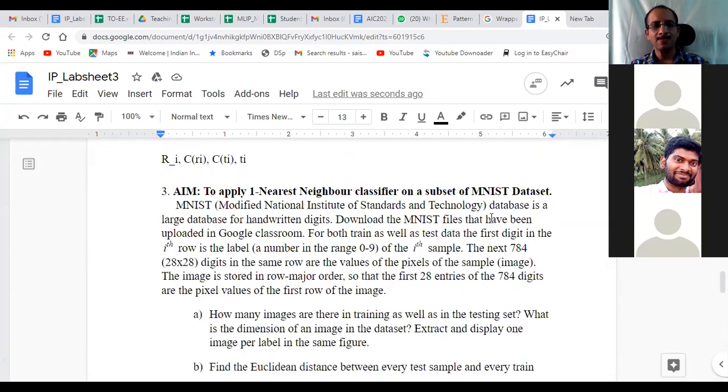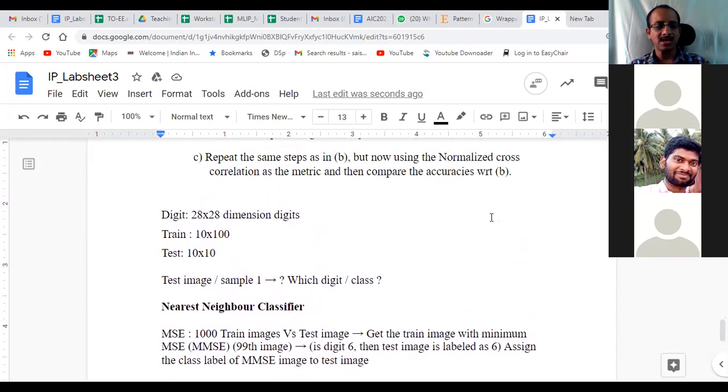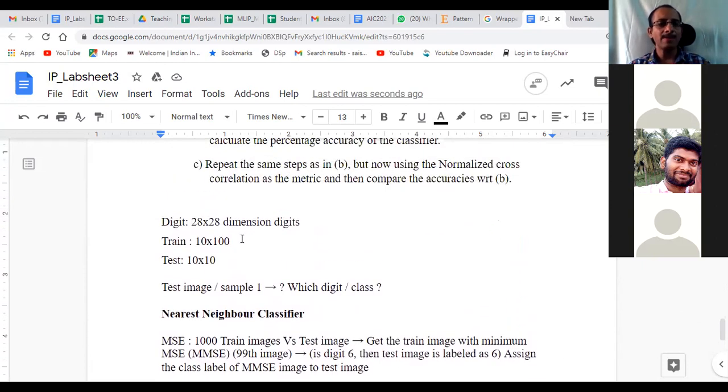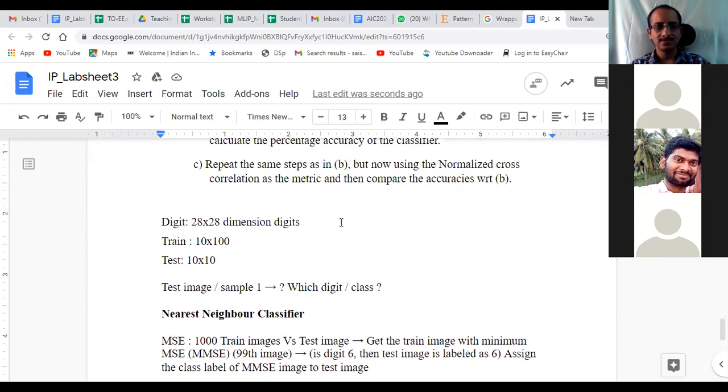So this is the classification here. Then you answer me the final question. So this is an image. How do I compare and find mean square error or normalized cross correlation? Since this is a digit, and it's a matrix, to perform these operations, what do I do?